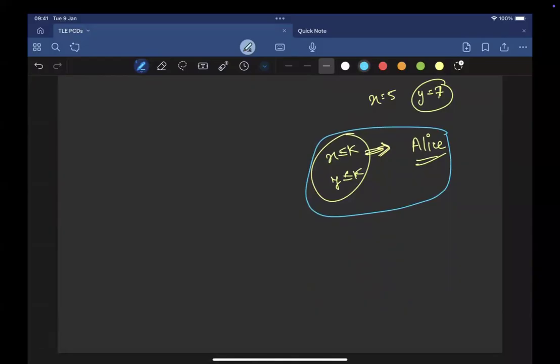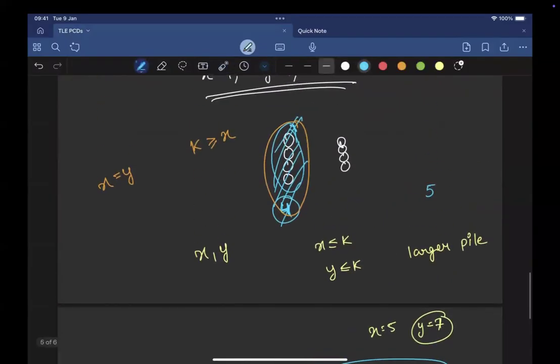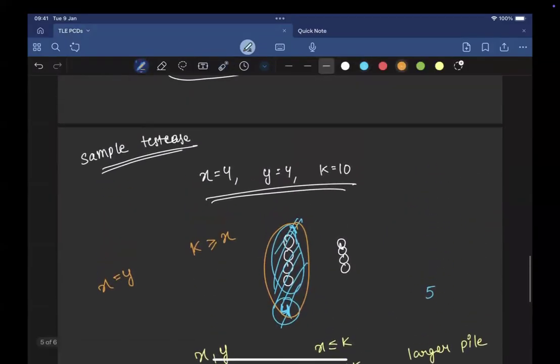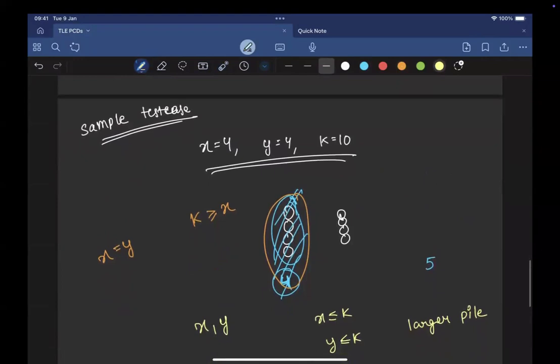By the way, there is one more suggestion. Even before coming to the sample test case, there is one more thing I had thought about. That is, this k is making the problem more difficult. What if k tended to infinity? In that case, the first move and all the other moves that Alice and Bob will play are going to be exactly the same.